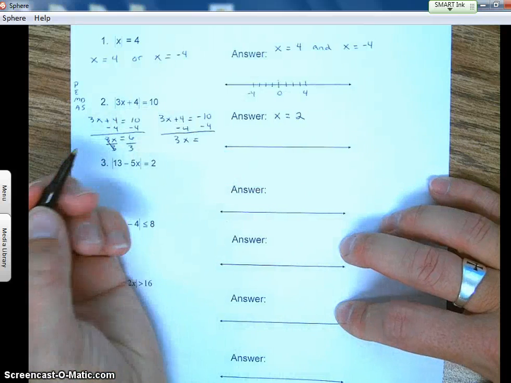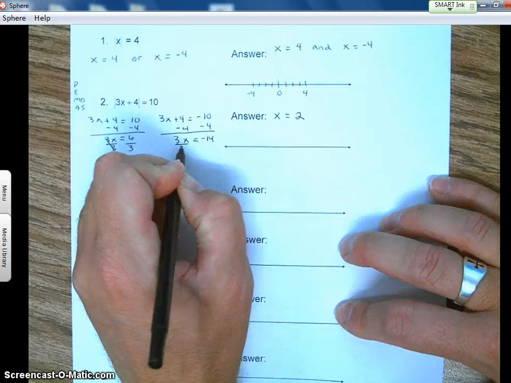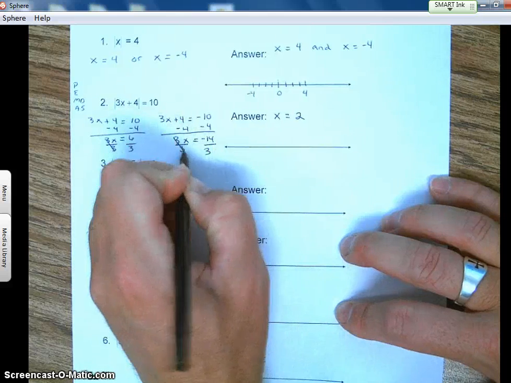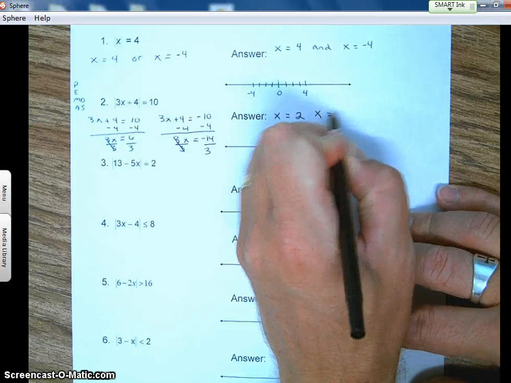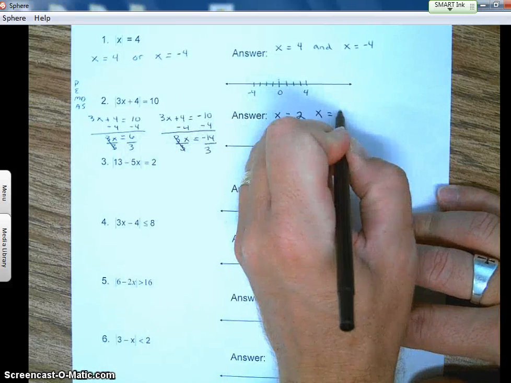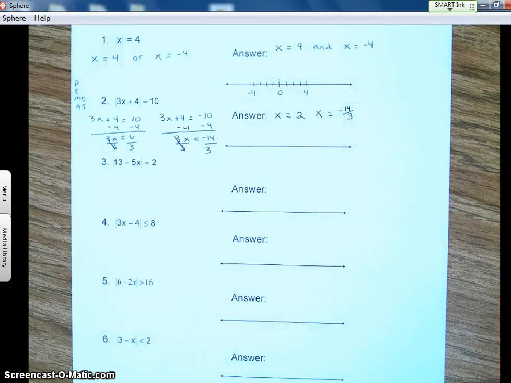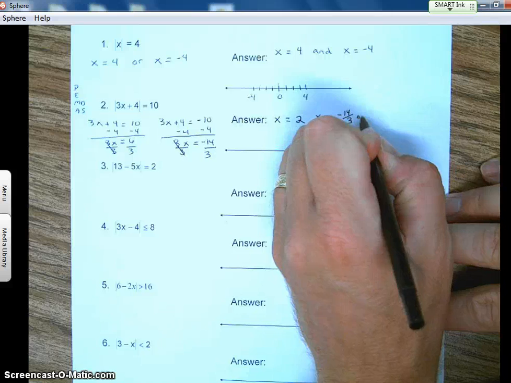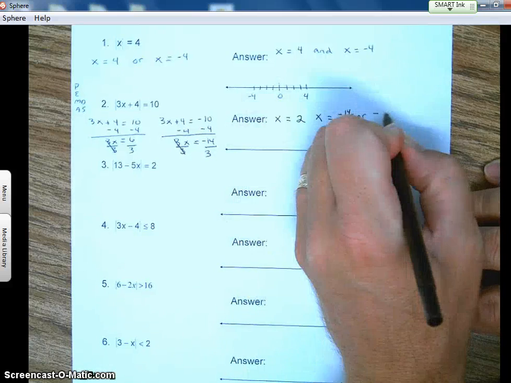Negative 10 minus 4. And the second answer, x equals negative 14/3. And yes, it's okay to leave it improper, but if it bugs you, 3 goes into 14 4 times.